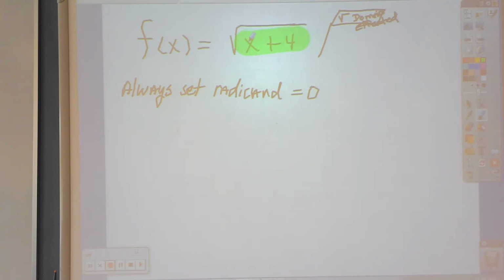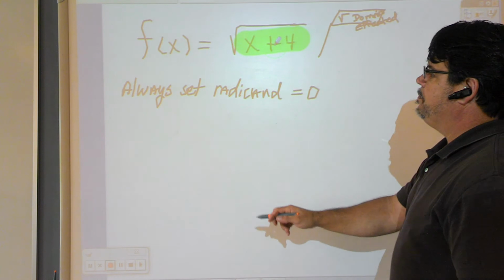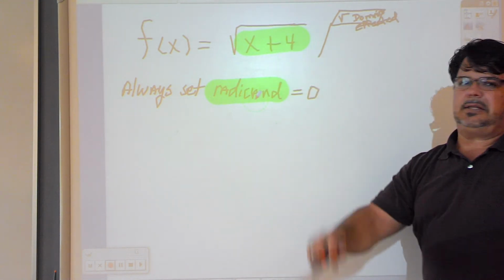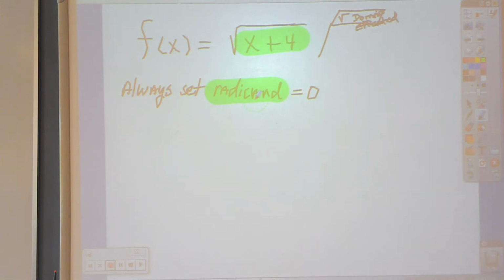When I'm talking about x-intercepts, it's called a discriminant. It's the same thing. But this right here is your radicand. So highlight that green, and highlight that green. That's your radicand. So set the radicand equal to 0 and solve.